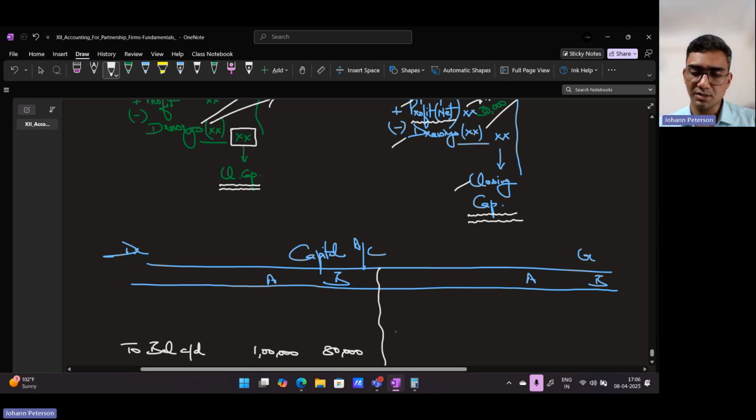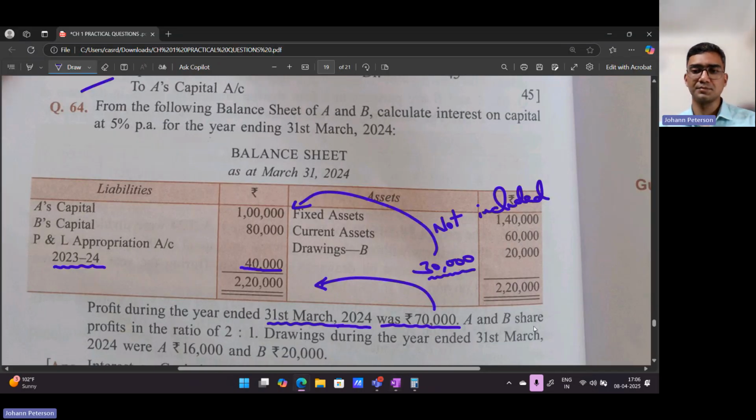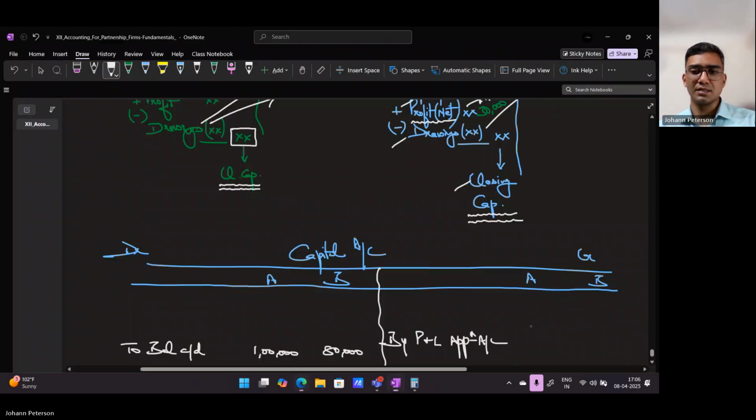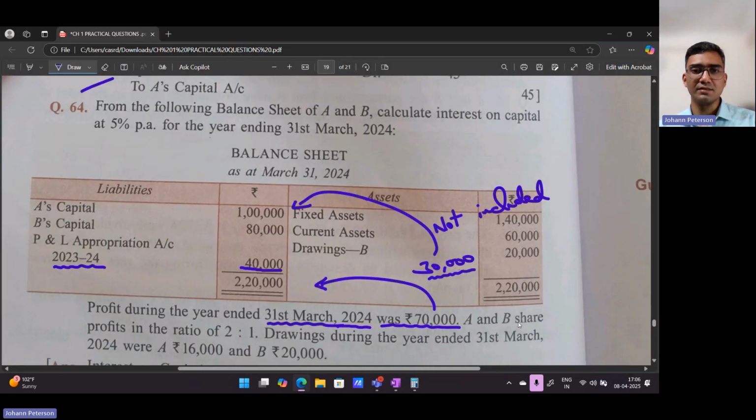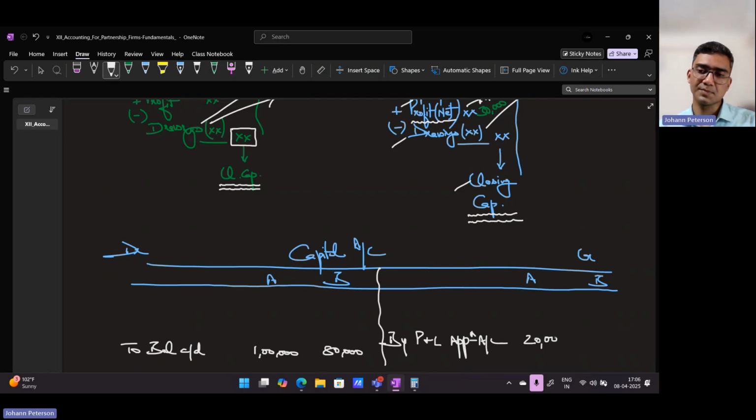So here, if I have to show my profit, I will write by profit and loss appropriation account, and I will show this balance, which is of 30,000, and it's divided in which ratio? 2:1. 30,000 and 2:1 makes it 20,000 and 10,000.